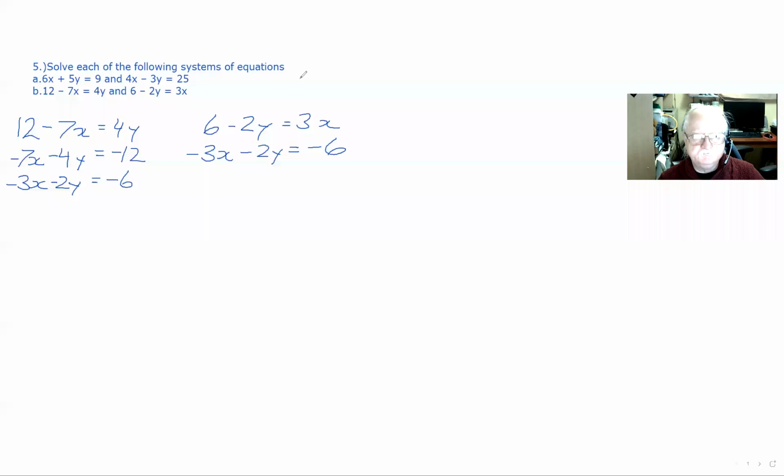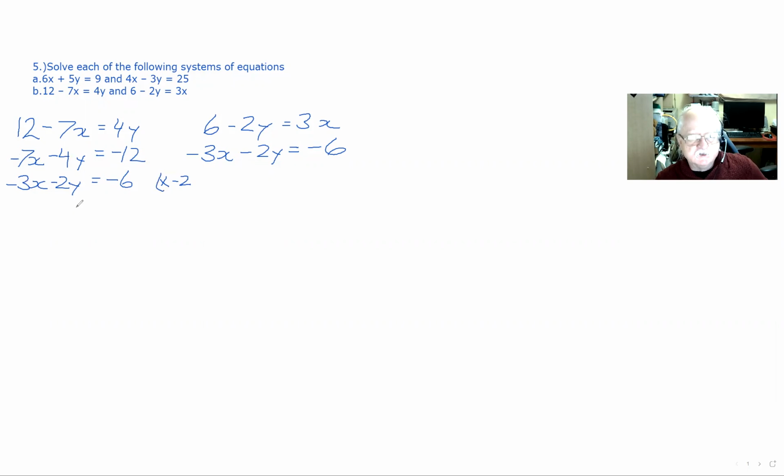So we can see we can't multiply 3 by anything to make it equal to 7, but we can multiply 2 to make it equal to 4. So we'll just multiply this bottom equation by a negative 2.